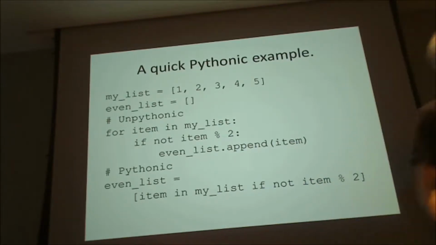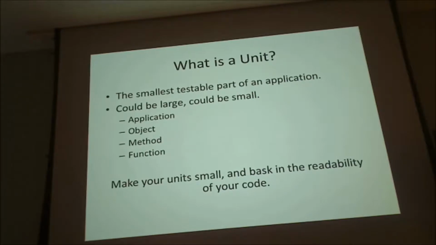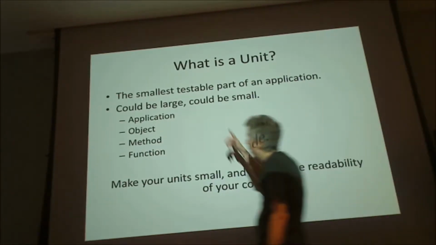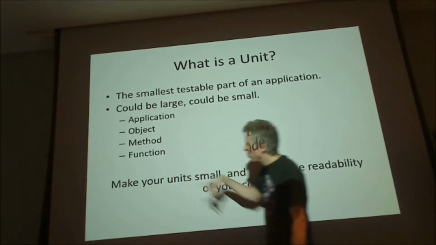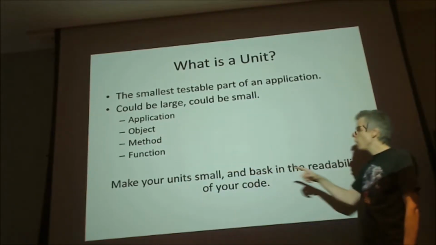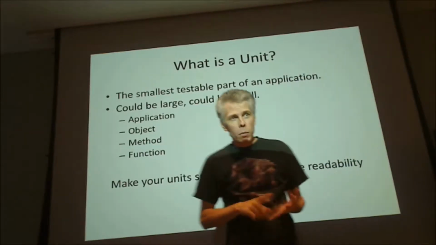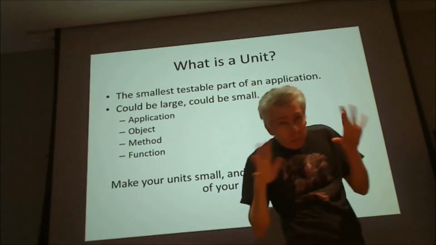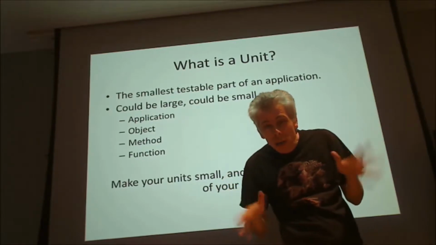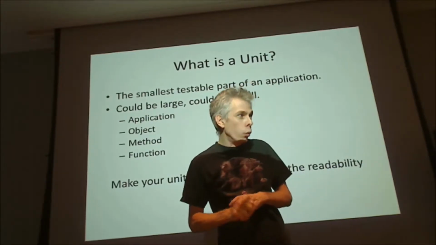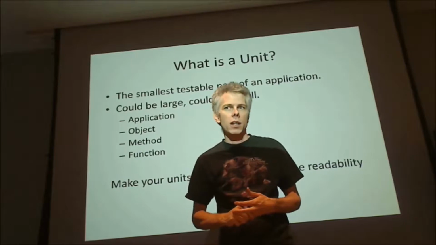Still haven't even gotten to unit testing yet, and everybody's quiet. Not a good sign. So what's a unit? The smallest testable part of an application. Could be large, could be small: application, object, method, or function. Make your units small and bask in the readability of your code. If you have a function or method that's more than 10 lines long, you really should reconsider that.